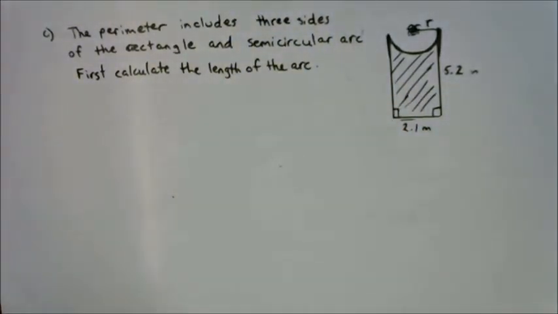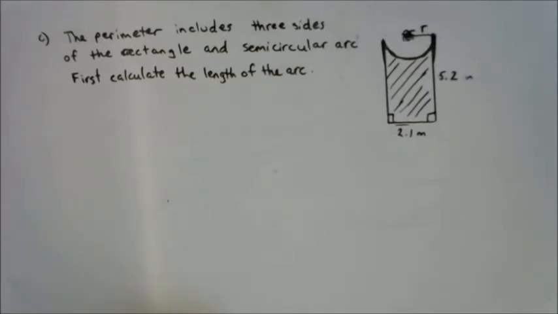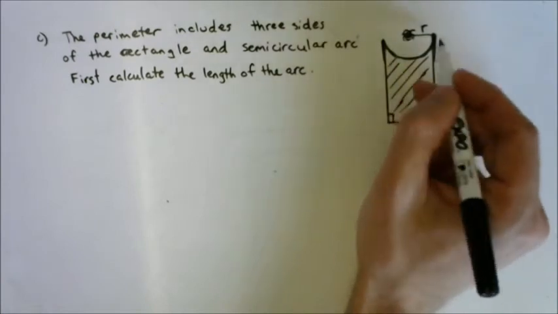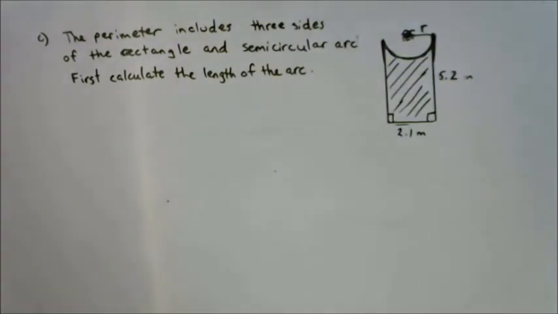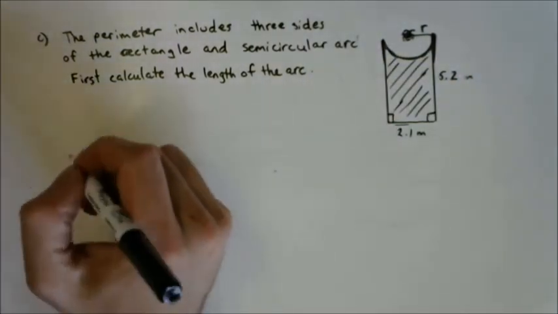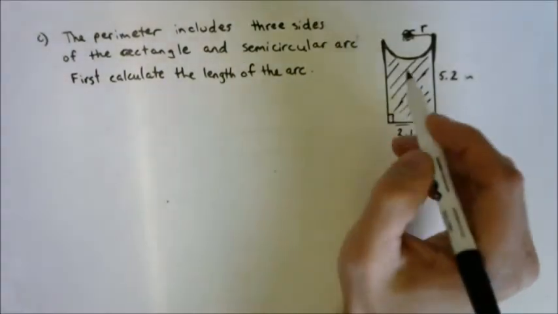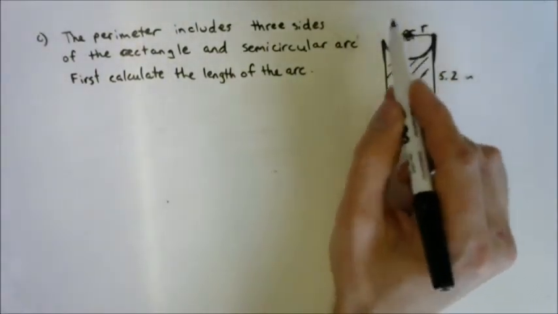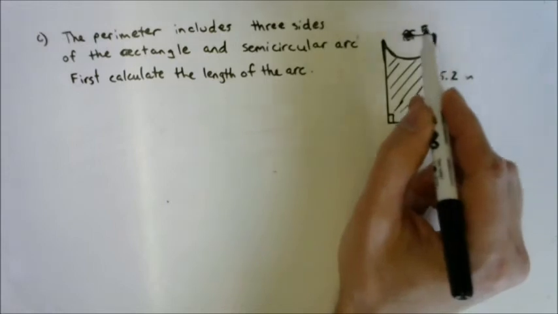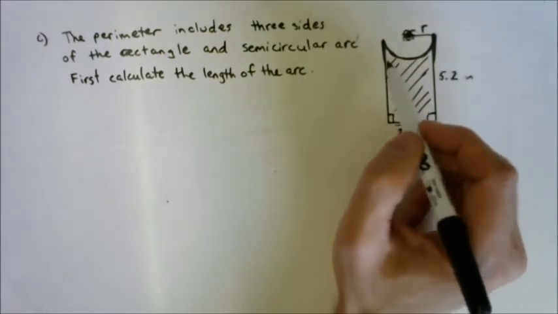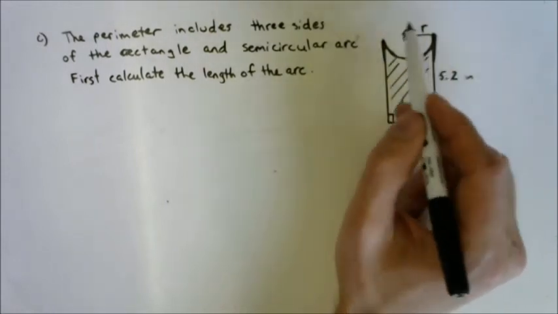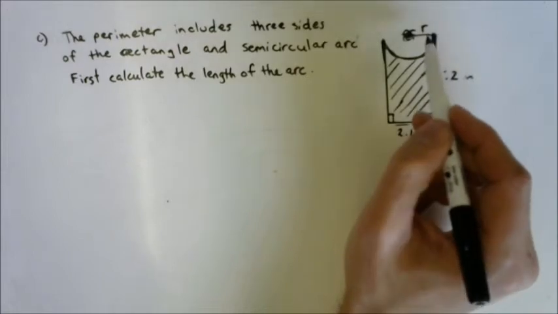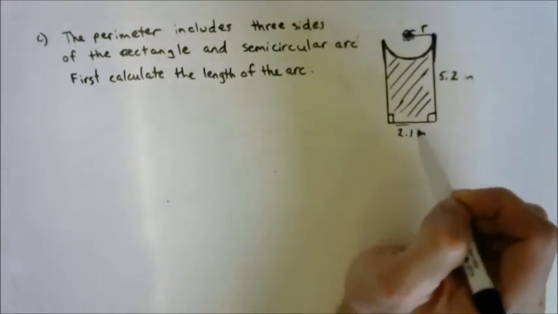How am I going to do that? What's the length around a circle? What word do we use? Circumference. So I actually need half the circumference of the circle with a radius of 1.05.